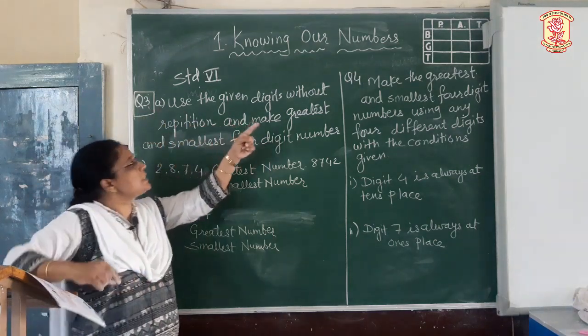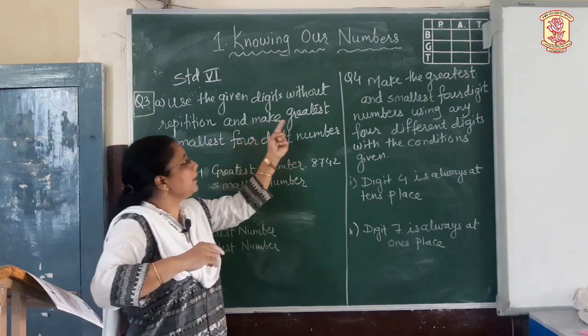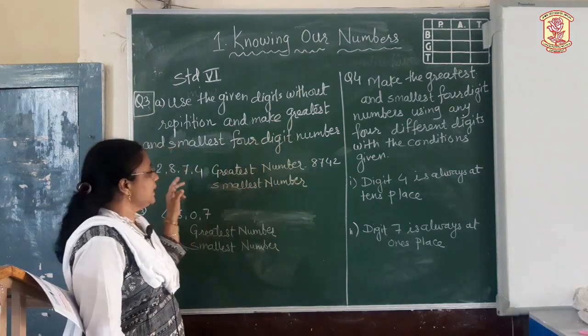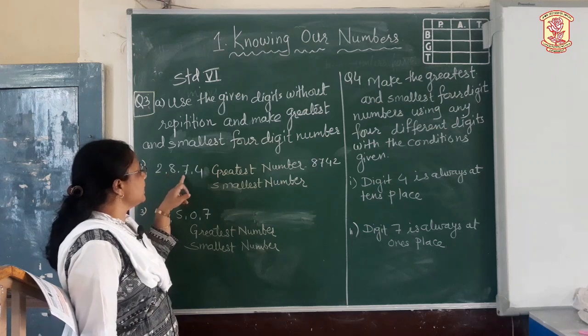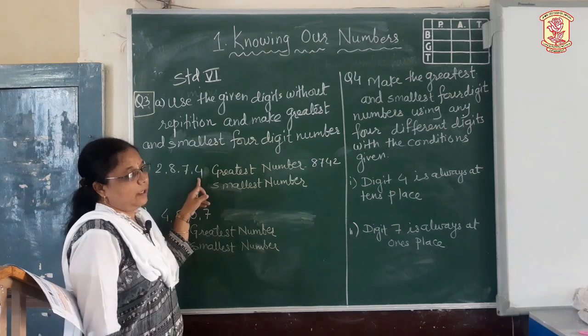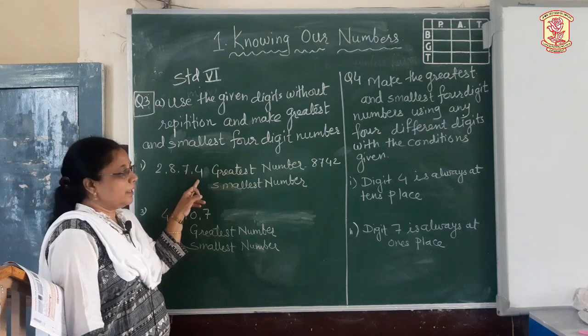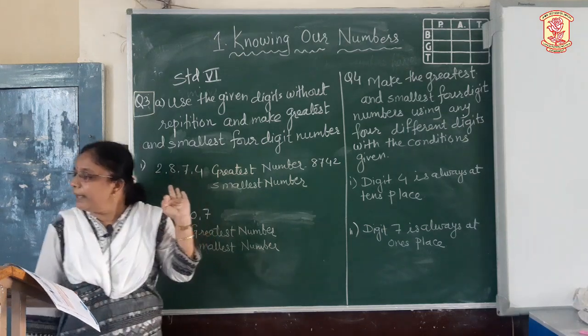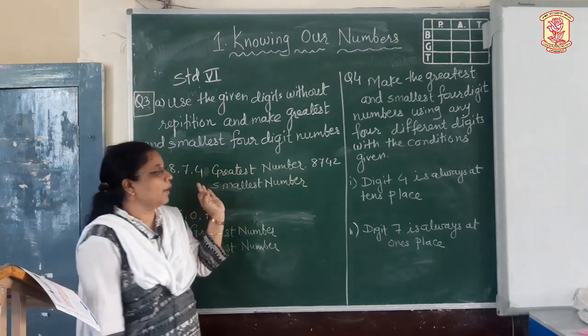Next question, question number 3A. Use the given digits without repetition and make the greatest and smallest 4-digit number. Digits given here are 2, 8, 7, 4. To form the greatest number, we have to arrange them in descending order.